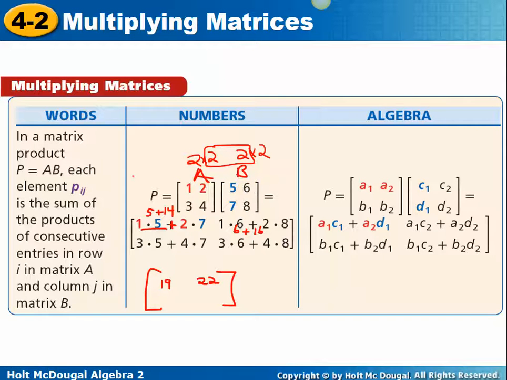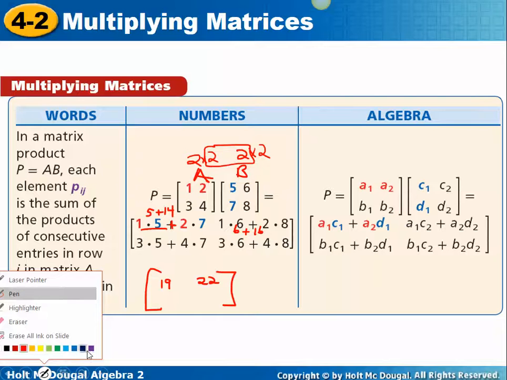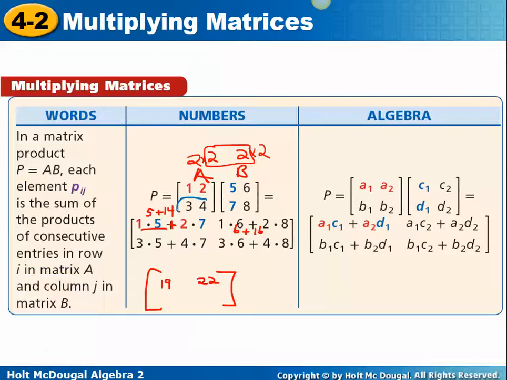We did the first row by everything, right? So now did you guess where we'd go next? We're going to go to the second row, and we'll multiply that first by the first column and then by the second column. So 3 times 5, and then 4 times 7. So we'd have 15 plus 28. These are some big numbers. 15, 28, 43.